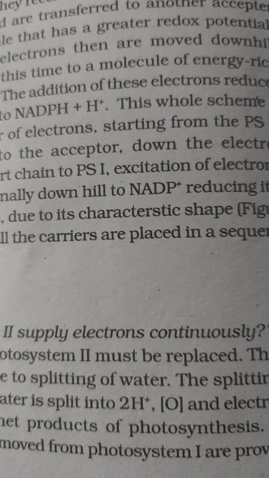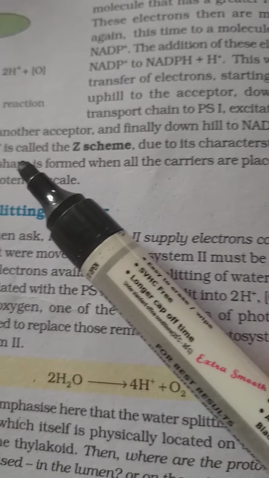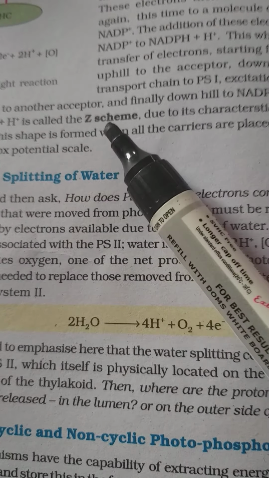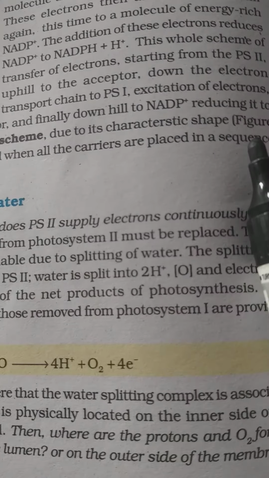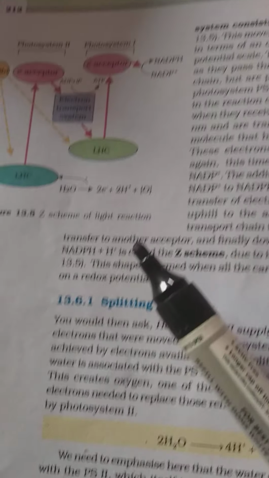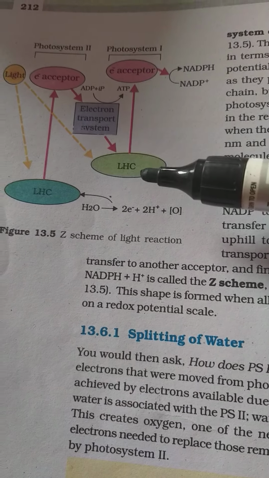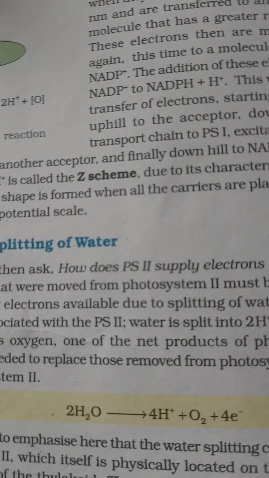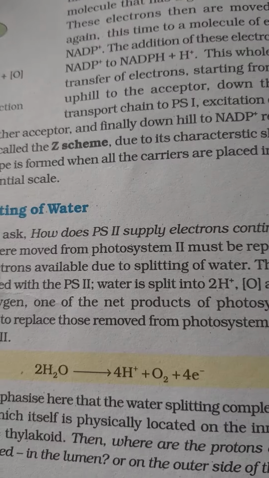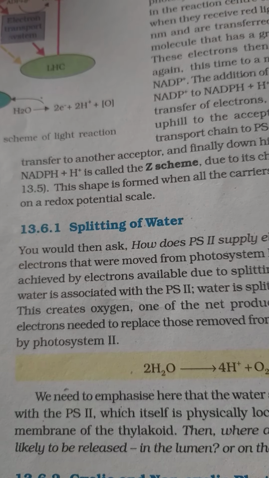Here again one thing I have to mention: when NADP is reduced, by addition of hydrogen, it is reduced. That is known as the Z scheme. Why? Because of its characteristic shape and figure, like this and like this, in the form of the letter Z. This shape is formed when all the carriers are placed in sequence on a redox potential scale.